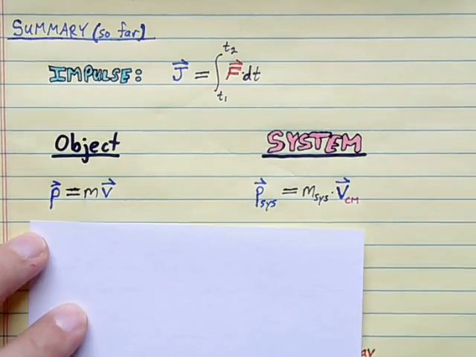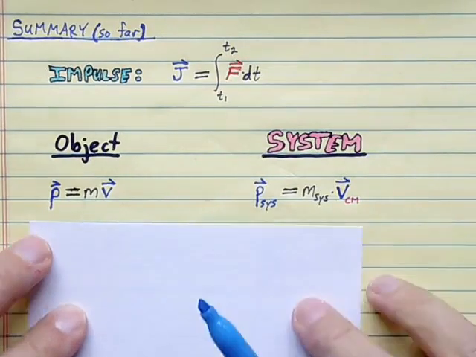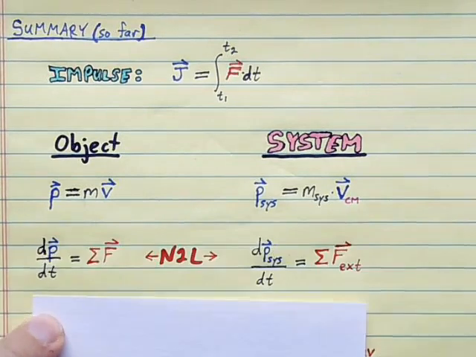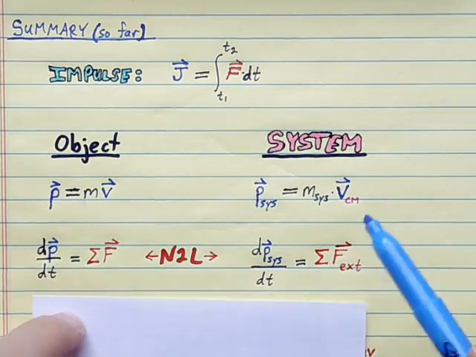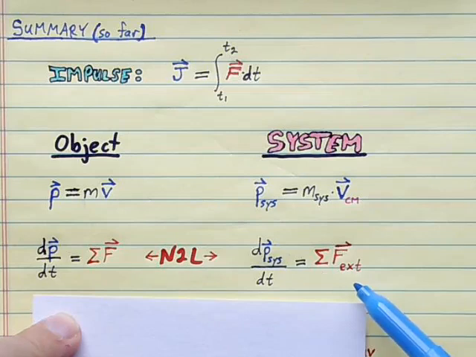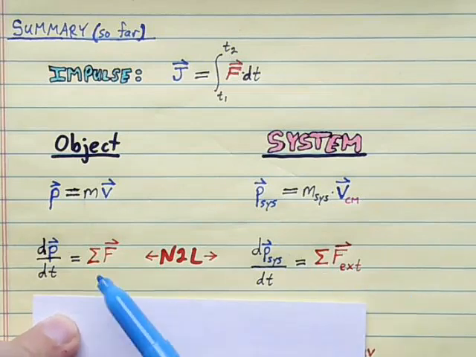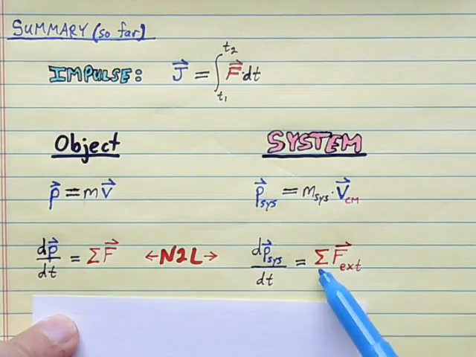So we've got the definition for the momentum of one object, the definition for the momentum of a system. Then our version of Newton's second law written in terms of momentum. The instantaneous rate of change of the momentum of a single object is given by the net force on that object, and the instantaneous rate of change of the momentum of a system is given by the net external force on a system. So only a net force can change the momentum of an object, and only a net external force can change the total momentum of a system.